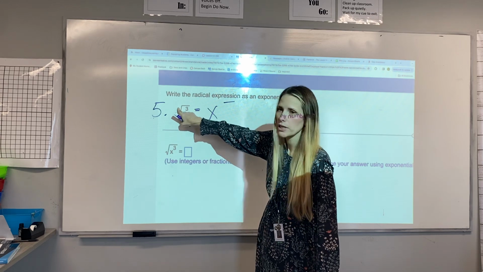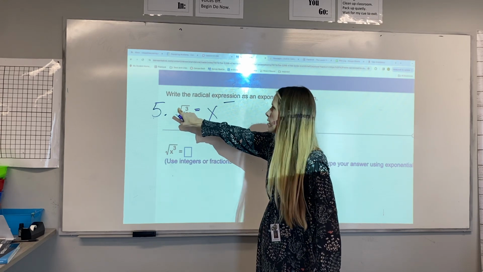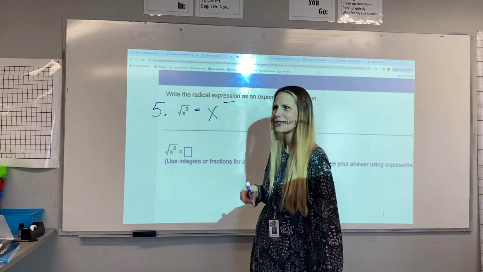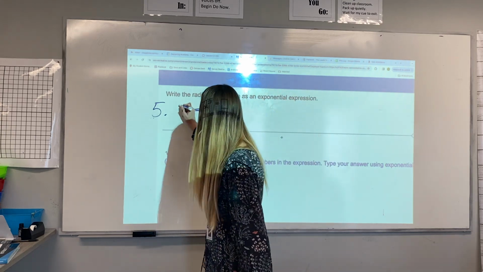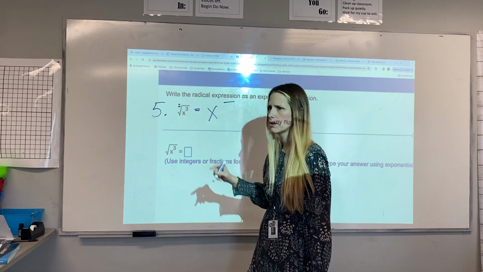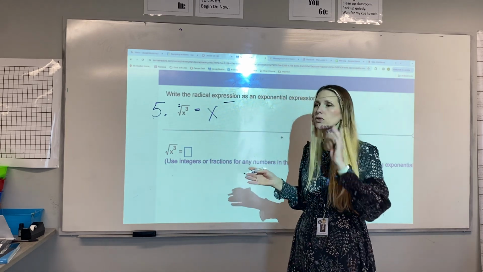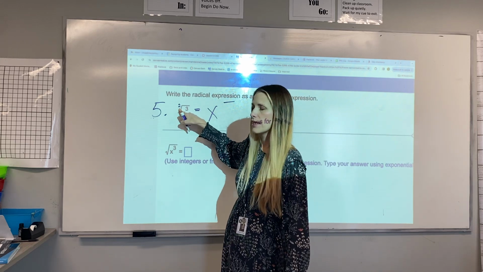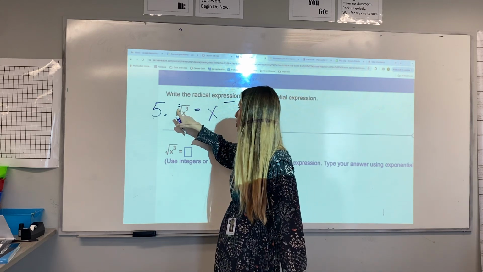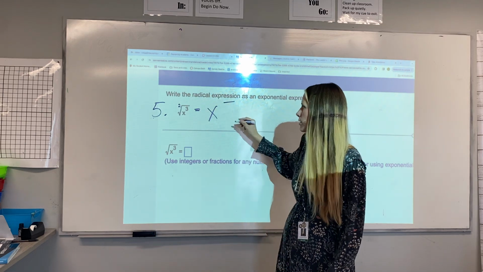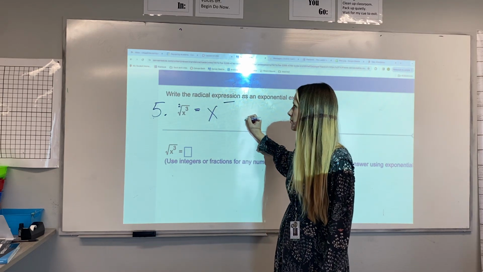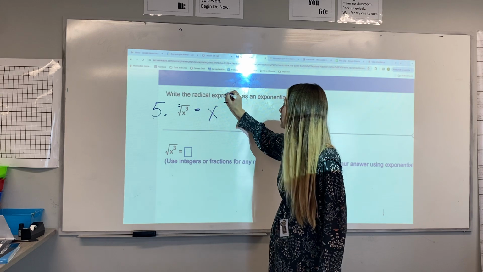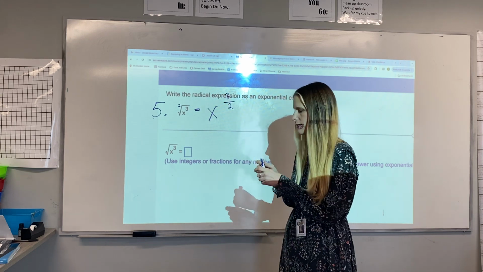What's the invisible number here? 2. Yeah, remember we talked about that just a minute ago, that there's an invisible 2? Whenever there's a square root sign that doesn't have an index, the invisible number is 2. So how would we write that as our fraction? 3 over 2. 3 over 2, very good.